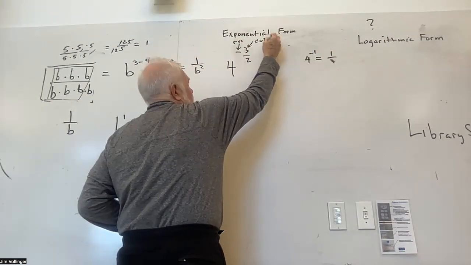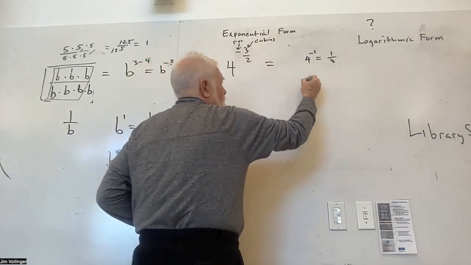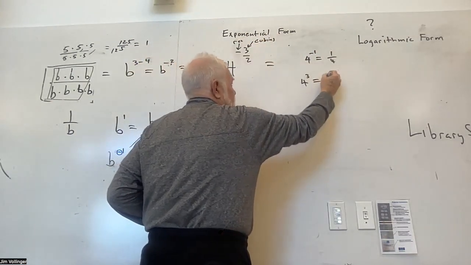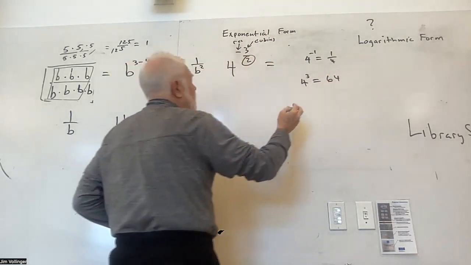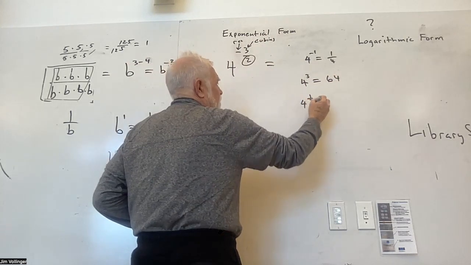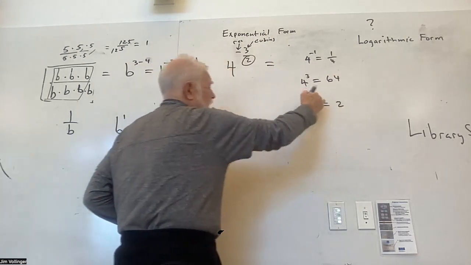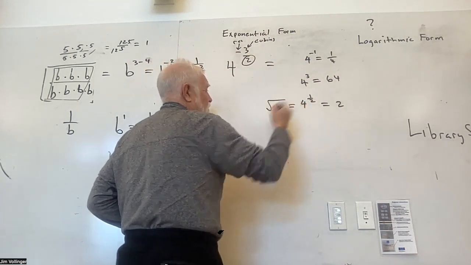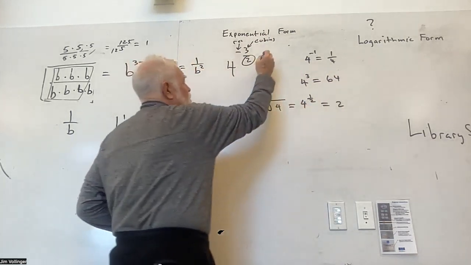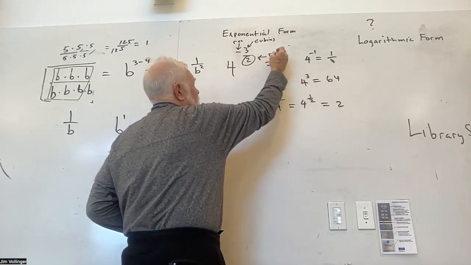Cubing. And 4 times 4 times 4, or 4 times itself 3 times, it's 64. And then there's square rooting. 4 to the 1/2 is 2. And I'm not cutting 4 in half, I'm doing the square root of it. So that's a root, and that's a square root.